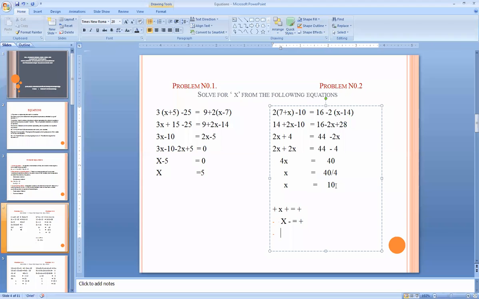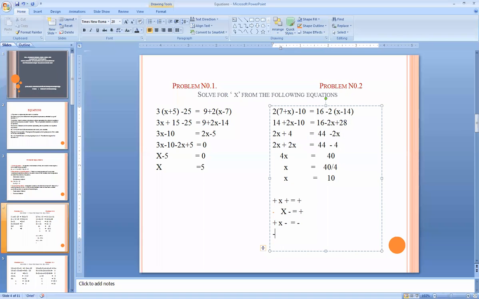And in the third case, plus into minus is equals to minus, it becomes negative. Again minus into plus also becomes minus. You should remember these whenever you multiply, be careful here. The signs also we should multiply along with the numbers. Plus into plus is plus, minus into minus is also plus, plus into minus is minus, and minus into plus is minus.